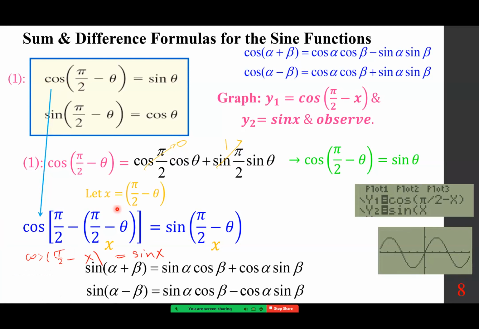Now, if you choose x to be pi over 2 minus theta, you write this. Now, this one, as I said, pi over 2 minus pi over 2 plus theta is cosine of theta. So if this is cosine theta, what did we prove? The second one. We proved the second identity.